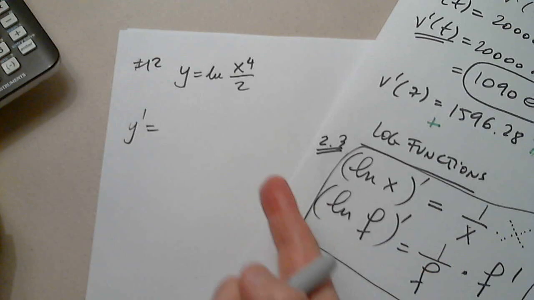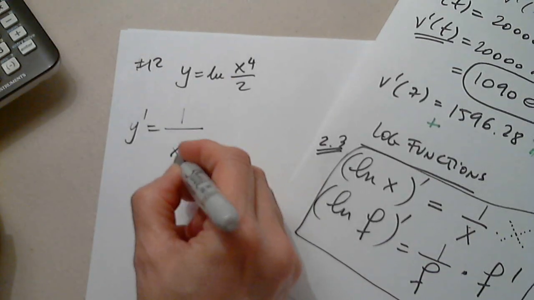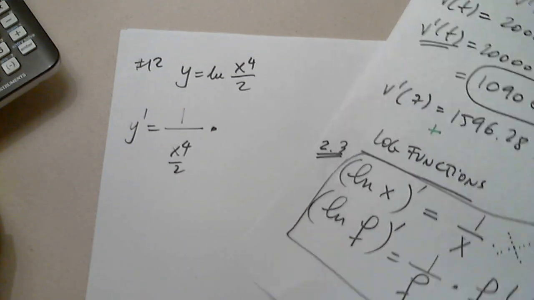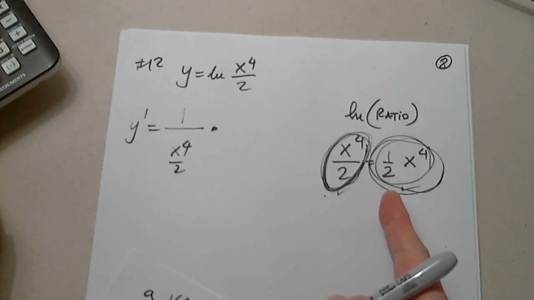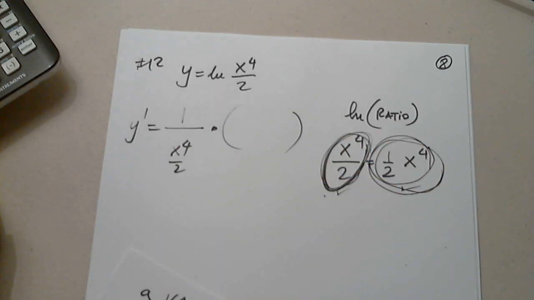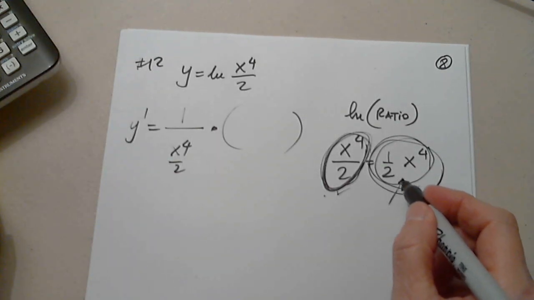So it has to be 1 over the function times the inner function prime. Anyone? Can anyone give us this function prime?